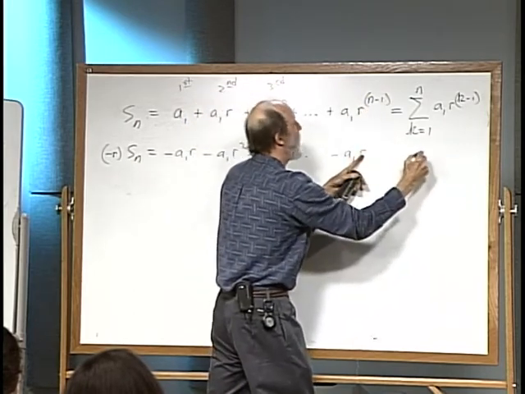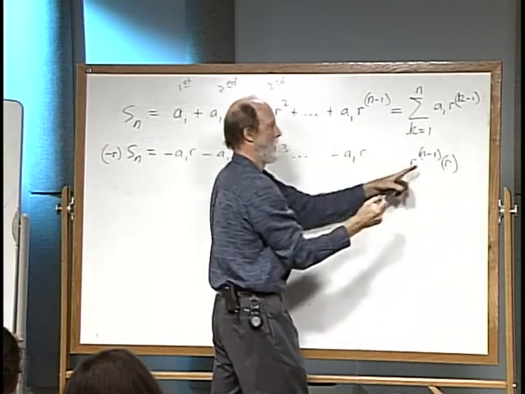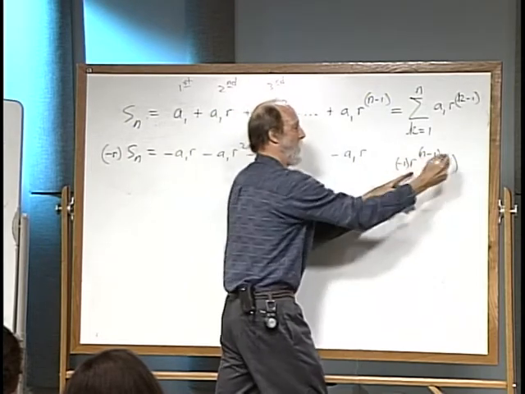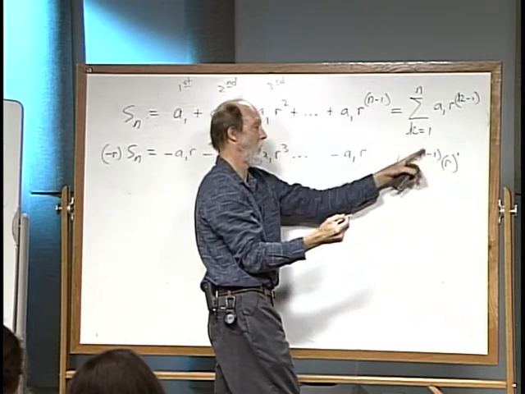Watch this. There's a minus sign out in front of that. You add those exponents, don't you? Don't you get r to the n right there?